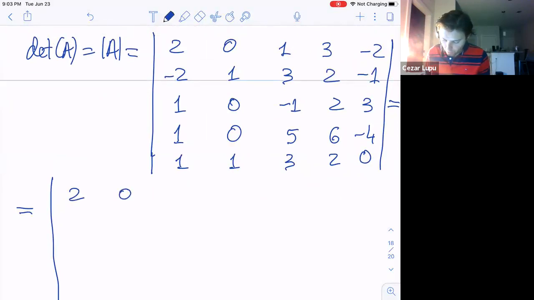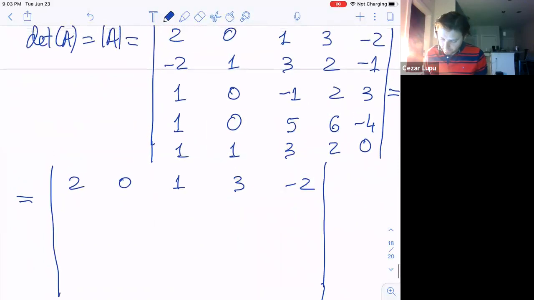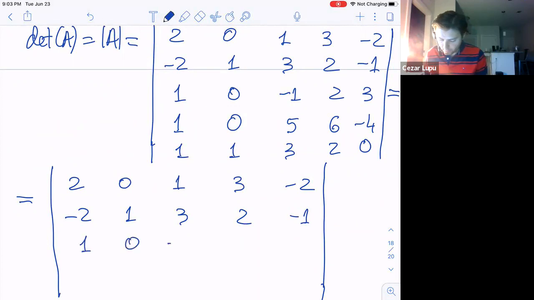2, 0, 1, 3, -2. -2, 1, 3, 2, -1. The third one is 1, 0, -1, 2, and 3. 1, 0, 5, 6, and -4.